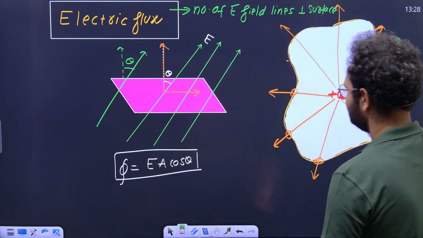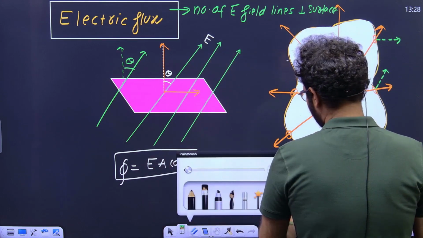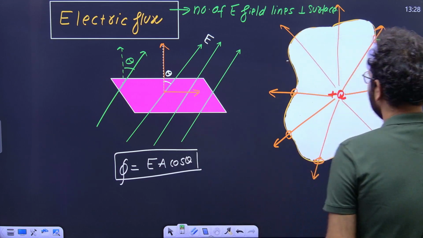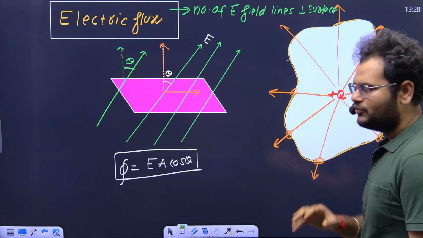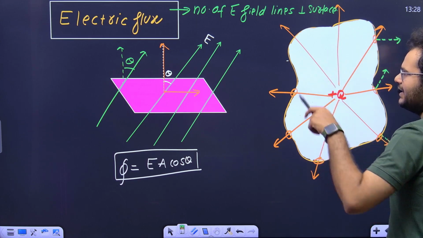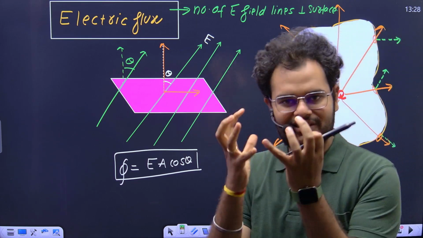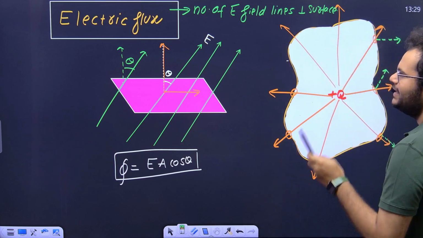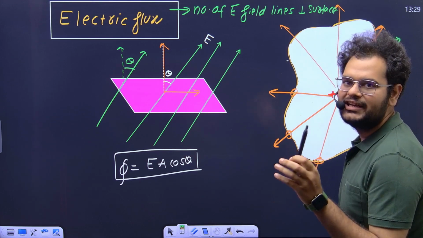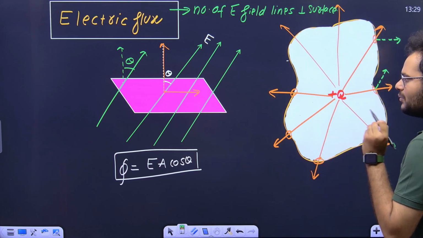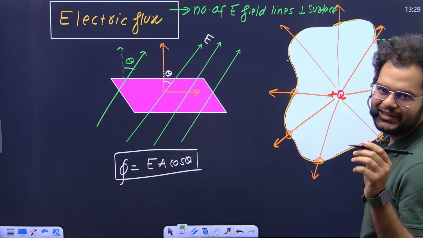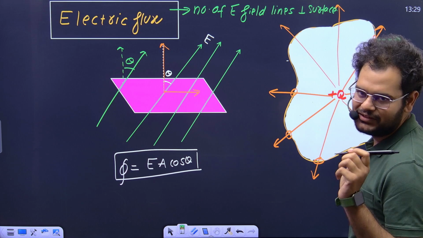Another formula is there that you need to understand for calculation of flux. Many times what happens is, electric fields are not uniform. See, this plus q charge is there and a random surface we will take. It is a three-dimensional surface. If I want to calculate electric flux mathematically, what problem I have is that everywhere the angle between electric field and area vector is different.